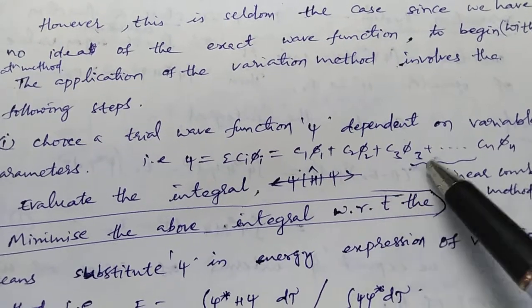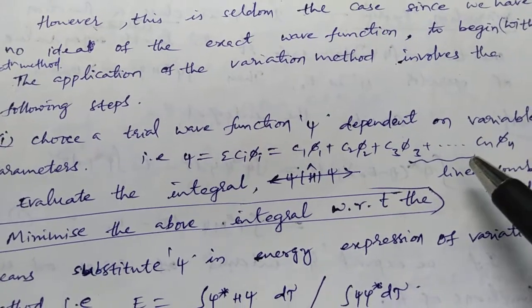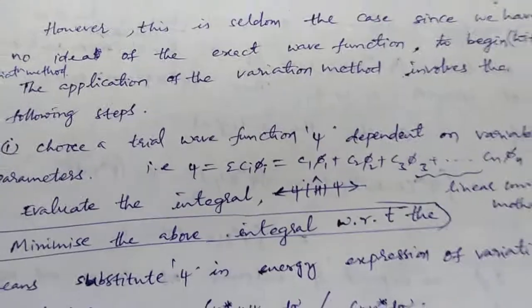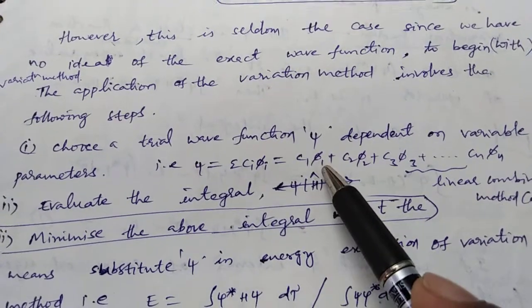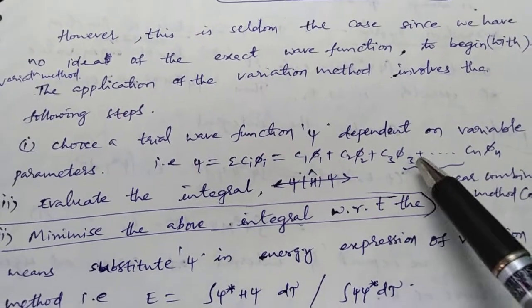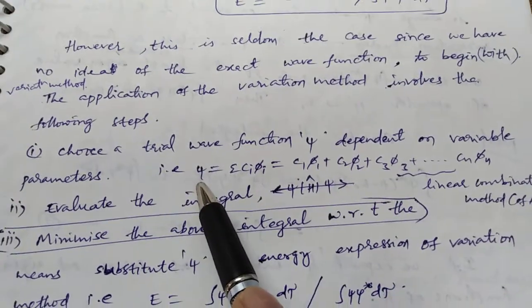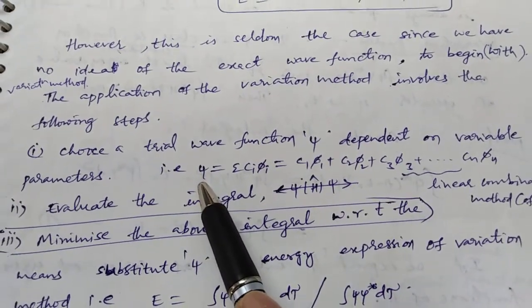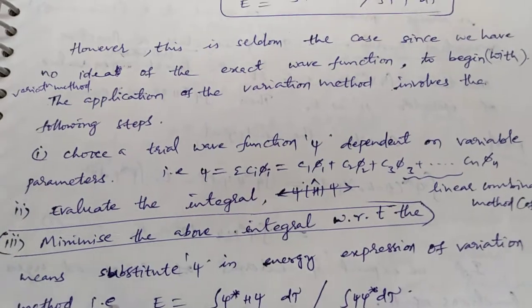Phi 1, phi 2, phi 3, phi 4 are atomic orbitals. The linear combination of atomic orbitals gives one molecular orbital wave function. So it is the first step of the variation method.